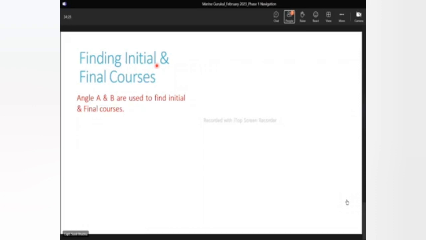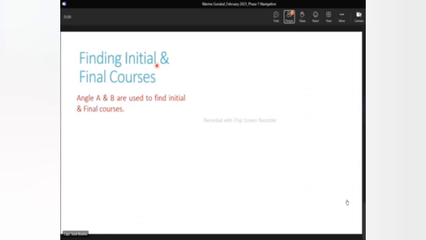The course of the ship in 3-figure notation is basically the angle between true north and the ship's head measured clockwise. The angle is measured with reference to true north, in the clockwise direction, up to the ship's head. This is the definition of the course in 3-figure notation. The angle is measured from 000 to 360 in the clockwise direction.